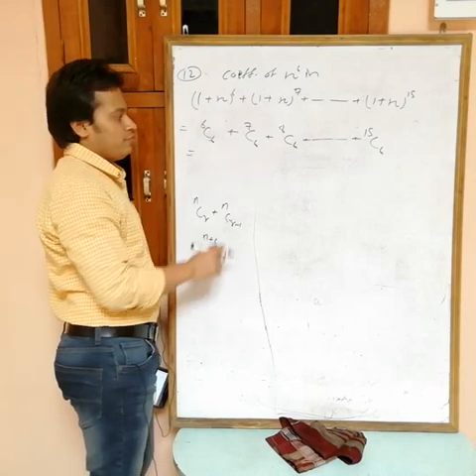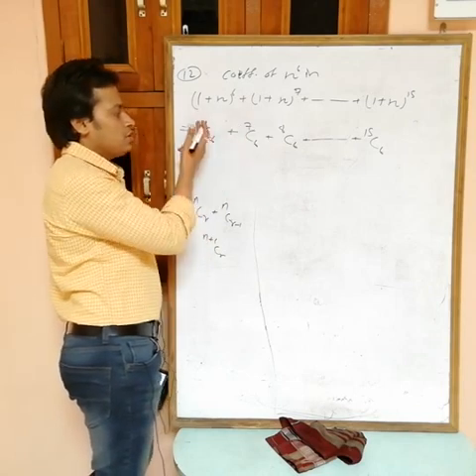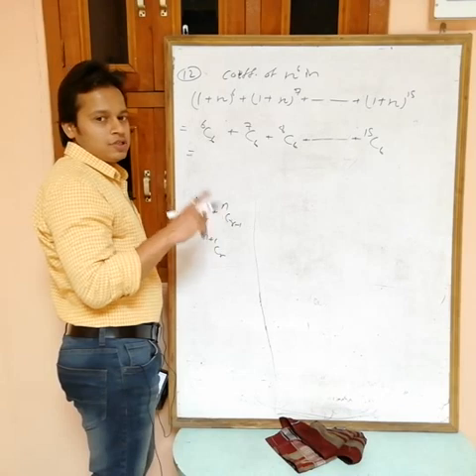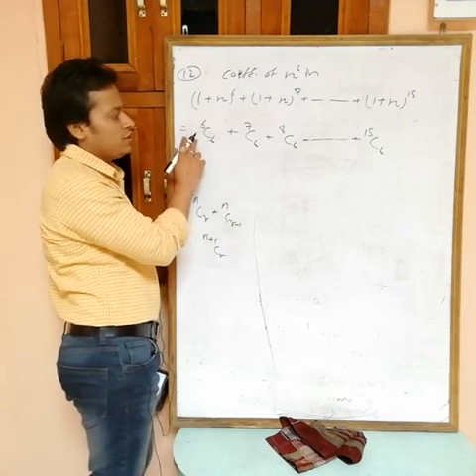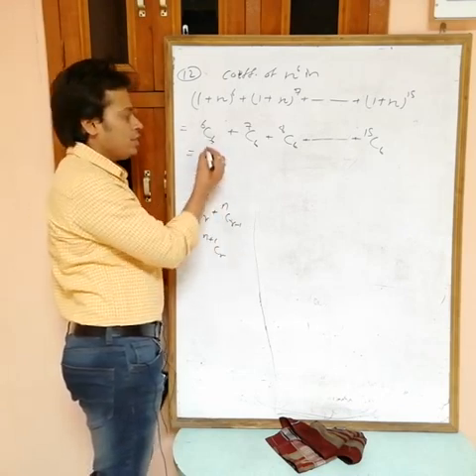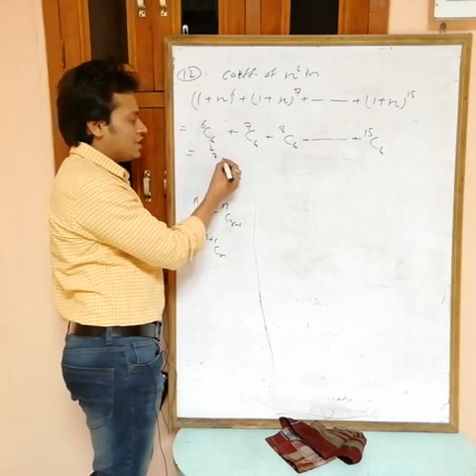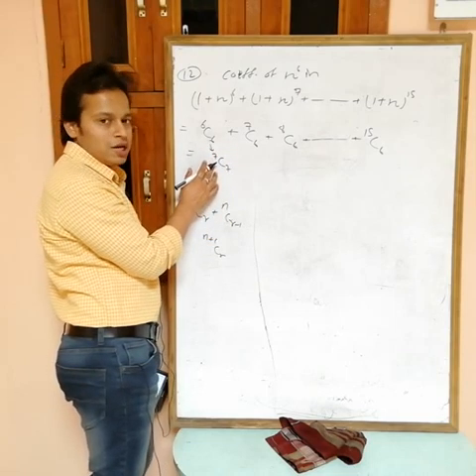Here n is not the same: this is 7C6 and this is 6C6. The value of 6C6 is 1. Can we write this in terms of 7C? Yes, I can replace this with 7C7, because this value is also 1.